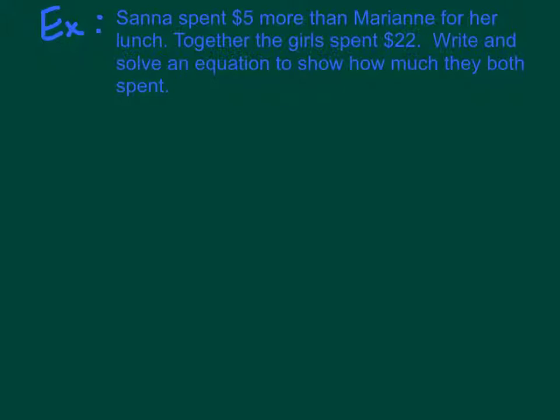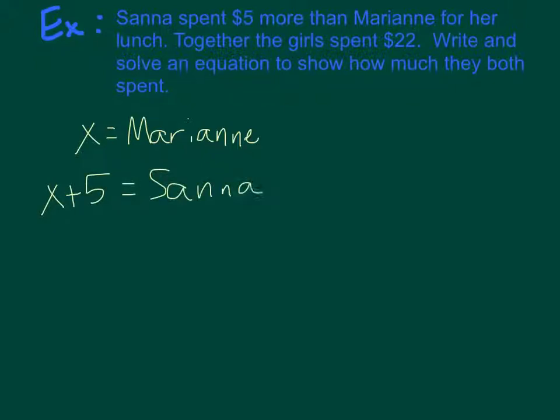Write and solve an equation to show how much they both spent. So I'm going to make one of them be x. So I'm going to say, okay, x is going to equal Marianne. And then Sana spent 5 more than Marianne. So if Marianne is x, x plus 5 is going to be Sana.